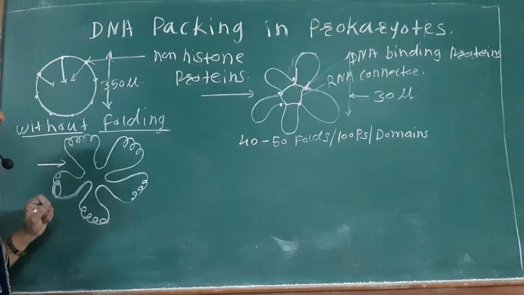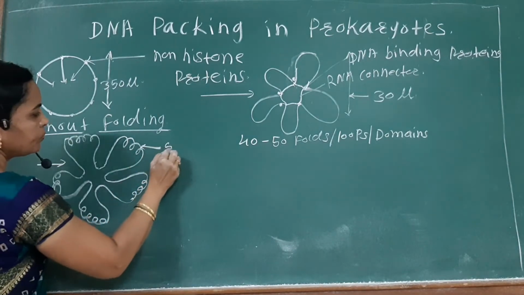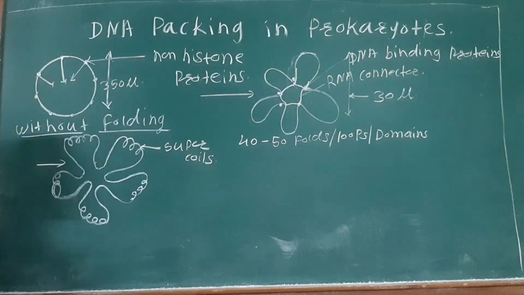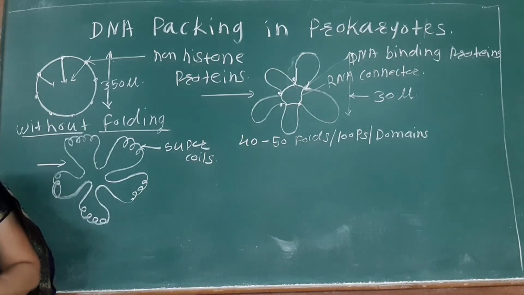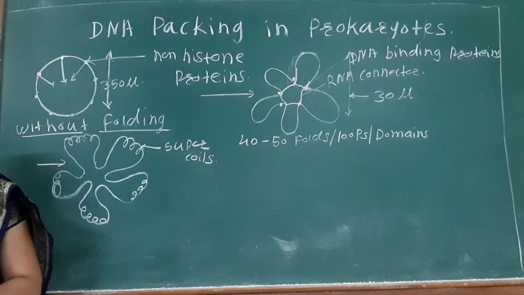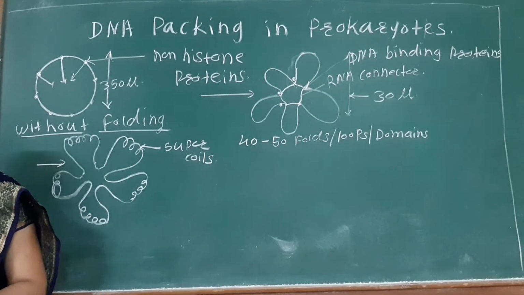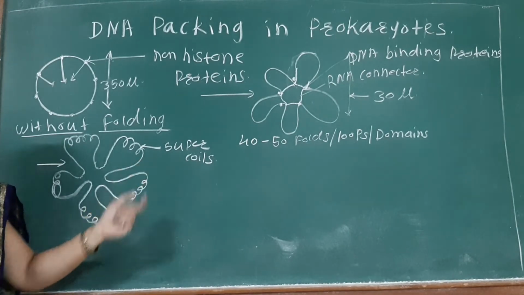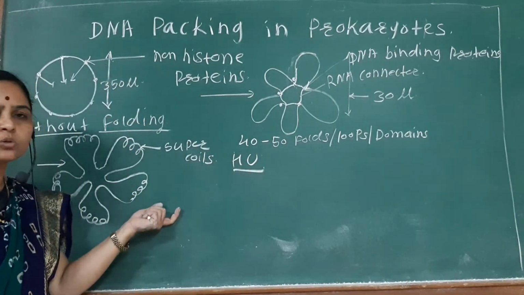So in this way each loop or domain produces the supercoils, and these supercoils are mainly produced due to the presence of the histone units, which are histone-like proteins.